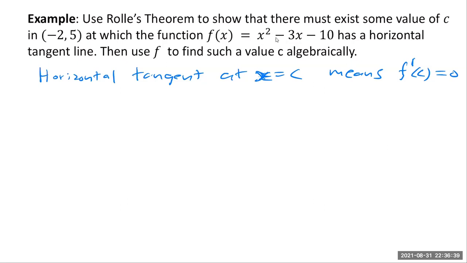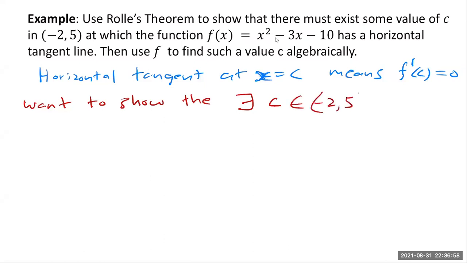So how do you show that? Let me write what I have to show. Want to show that there exists C in the interval -2, 5 such that f prime of C is equal to 0.